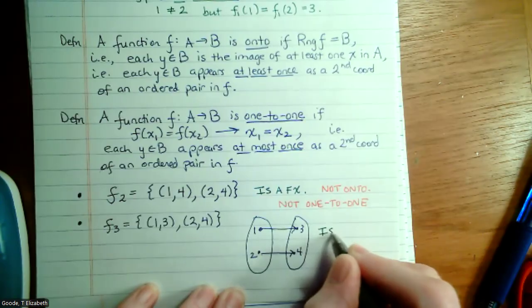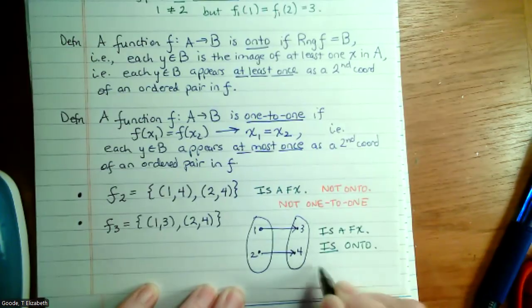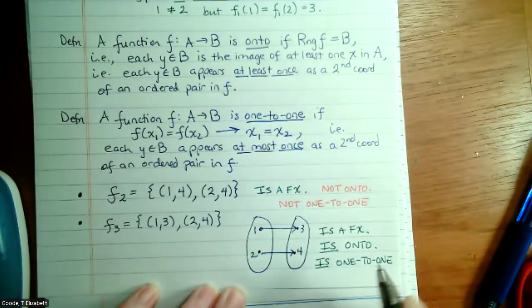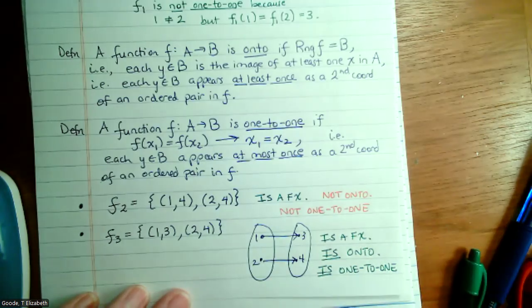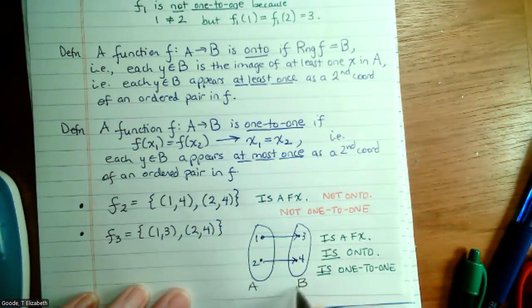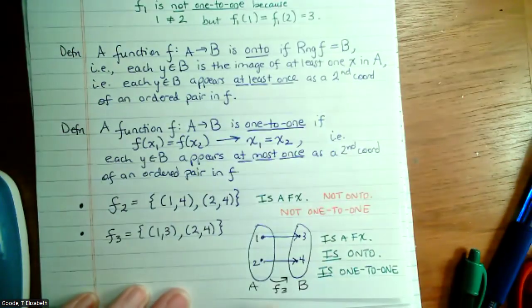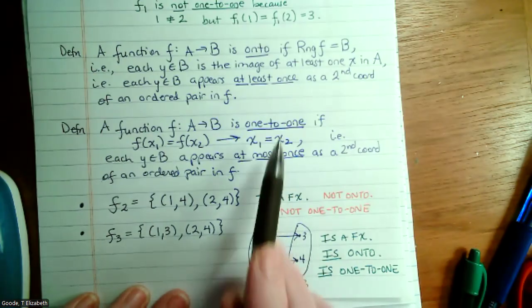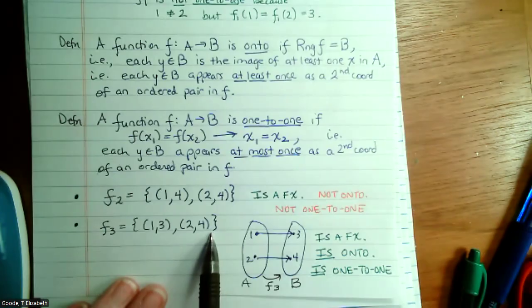So this is a function, and it is onto, and it is one-to-one because it's onto because each element of B does appear at least once as a second coordinate in some ordered pair, and it is one-to-one because each element of B appears at most once as a second coordinate.